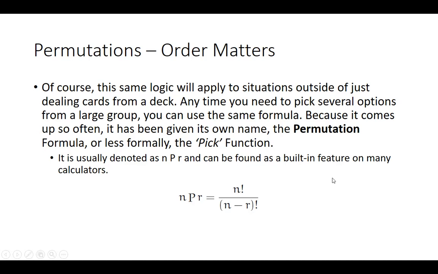You can get the nPr function by going to the probability button. So nPr, or n pick r, if you want to say it that way, would be n factorial over n minus r factorial, where n is the number of things we're looking at total, and r is the number of things that we are looking at dealing out of the total amount.